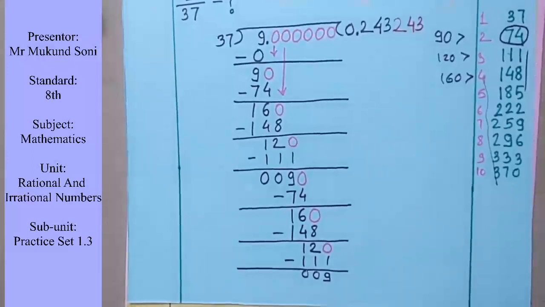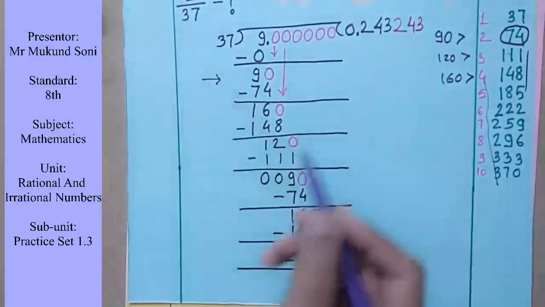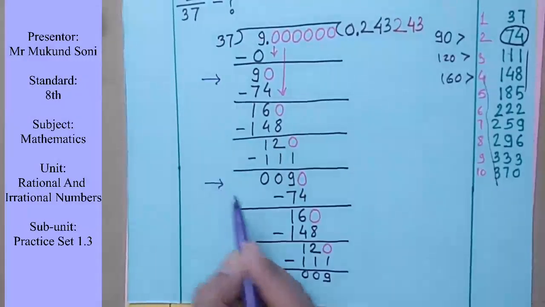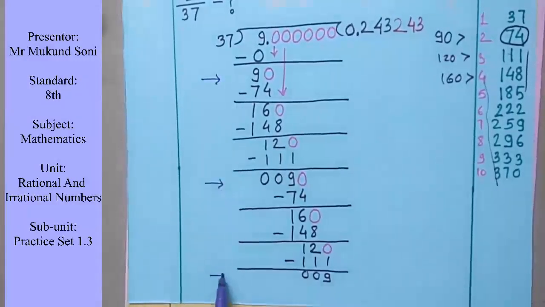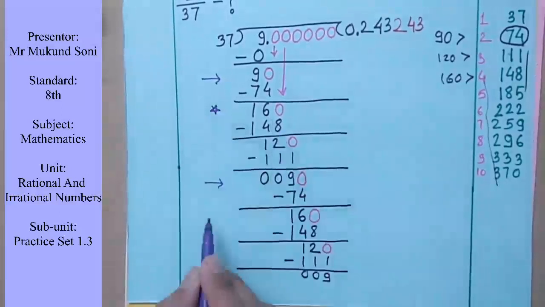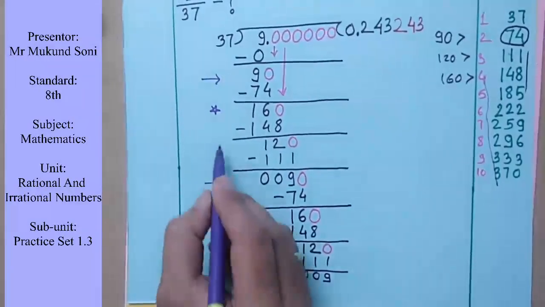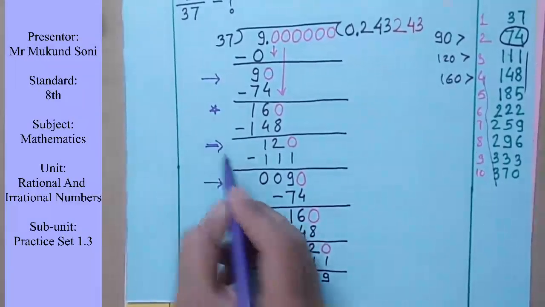If you observe carefully, you will be able to find out that 90 had appeared 2 times before this 9 appears. Even though if you check out here, 160 had appeared previously also, as well as 120.